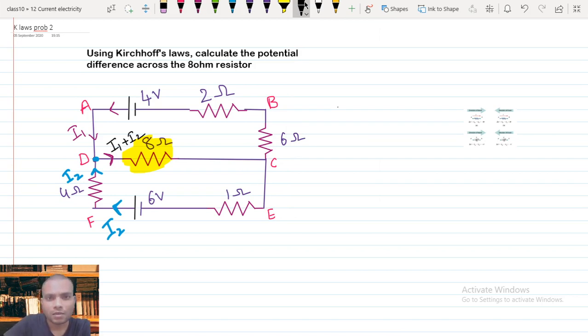Now the same current also flows across this, and when it comes to here, the currents will divide again. The I1 current will flow in this direction, this is the I2 current, and the same I1 current also flows in this direction.